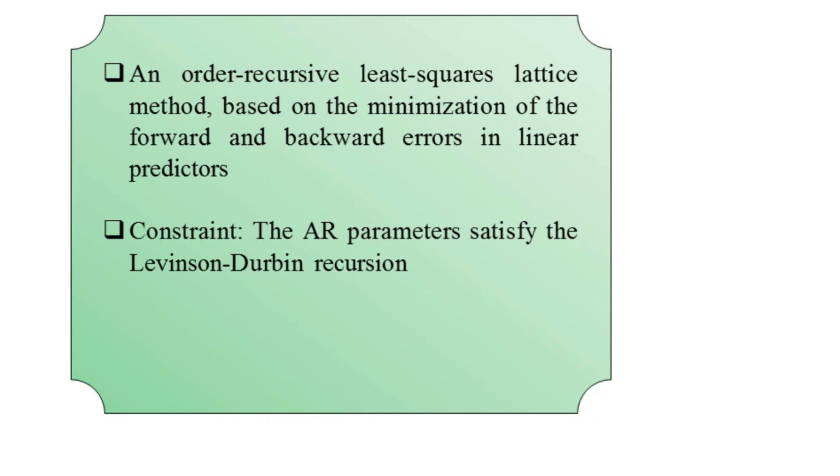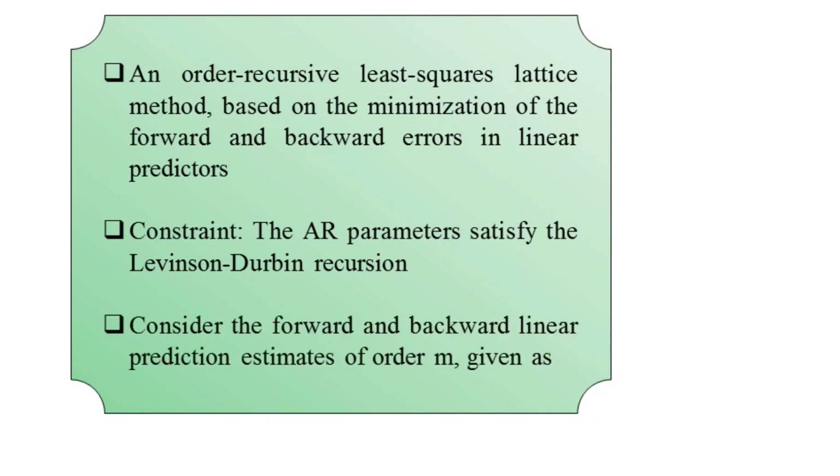So let us first consider the forward and the backward linear prediction estimates of order denoted by small m, and now they are given as: x cap of n is expressed as minus the summation k is equal to 1 to m of a suffix m of k multiplied by x of n minus k. So this is the first equation.